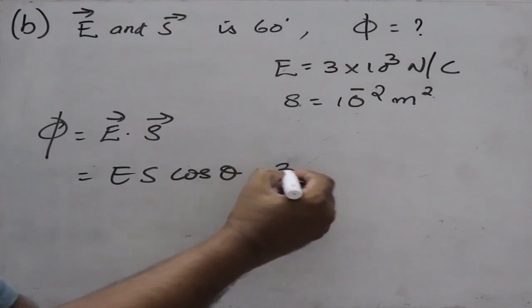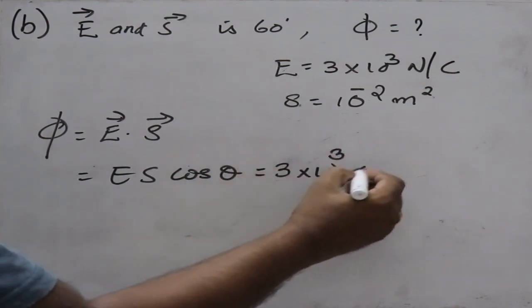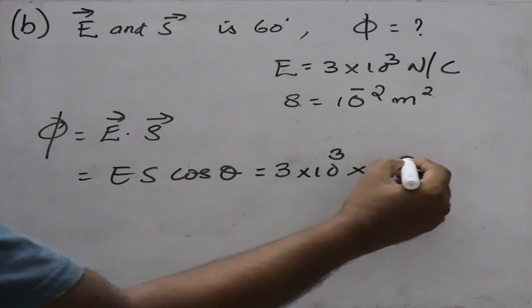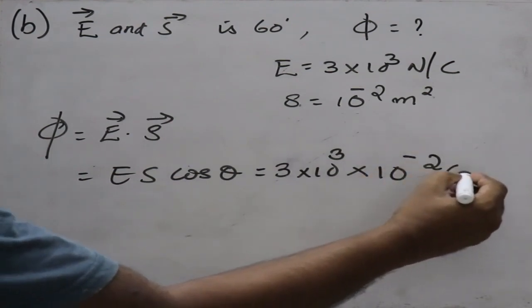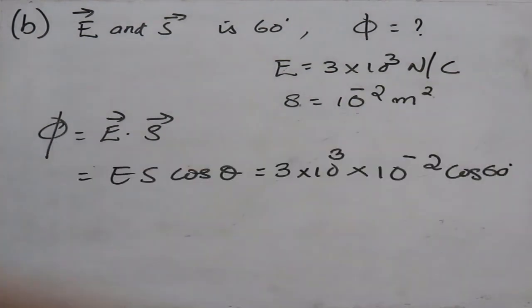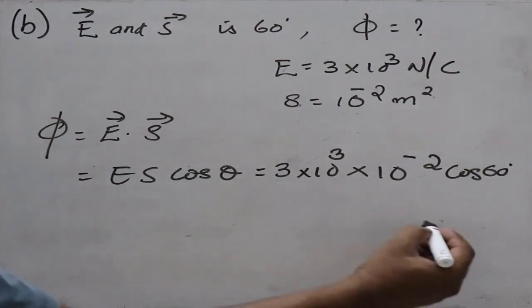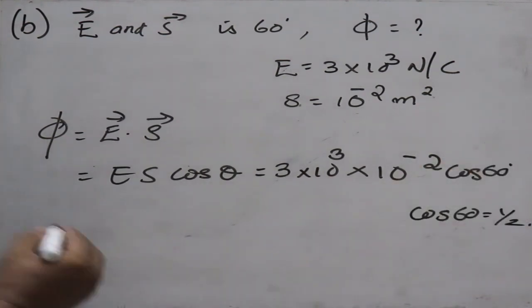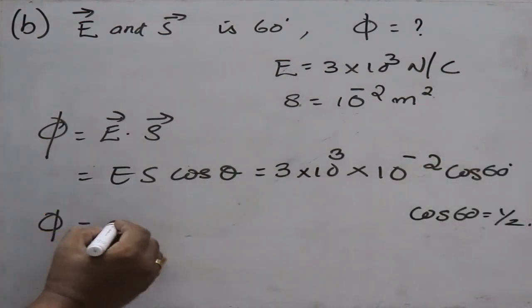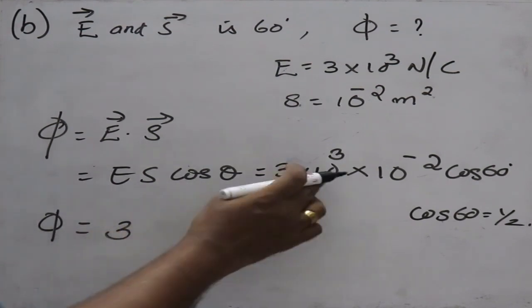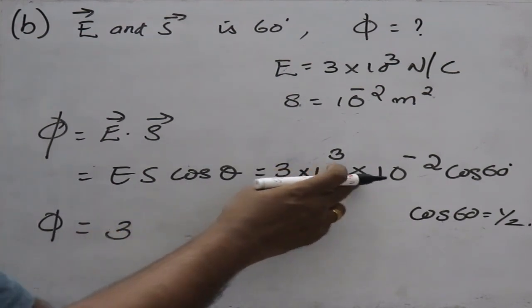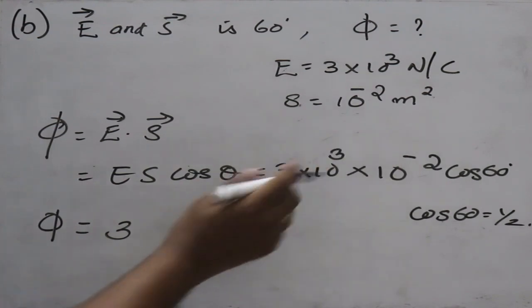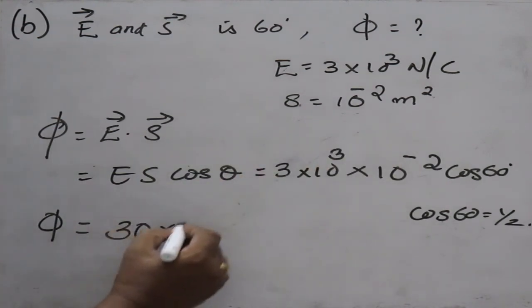So here the E value is 3 into 10 raised to 3 and S is 10 raised to minus 2 into cos 60 degrees. We know cos 60 degrees is 1 by 2. So the flux phi is equal to 3 into 10 raised to 3 into 10 raised to minus 2, which becomes 30 into 1 by 2.